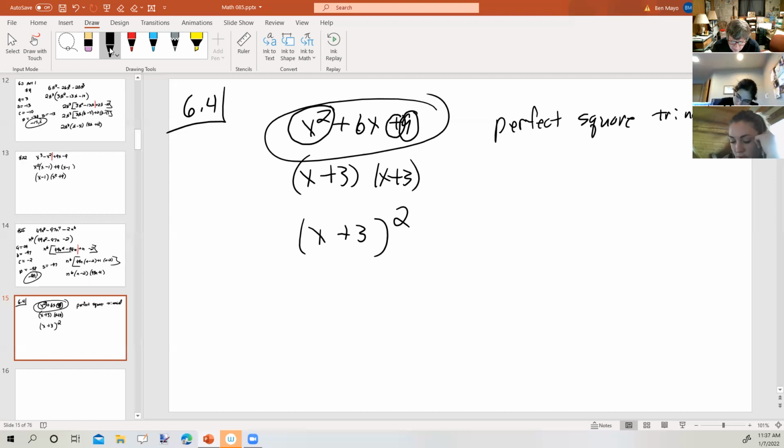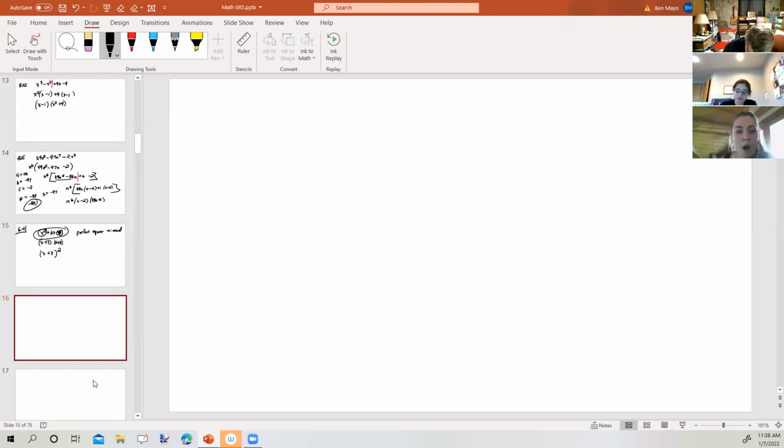So if I've got a polynomial that I think might be a perfect square, rather than using the previous methods of factoring, I will look to see, is it a perfect square? Because if it is, that's easier to factor. Now, for instance, consider this: 9y squared minus 30y plus 25.